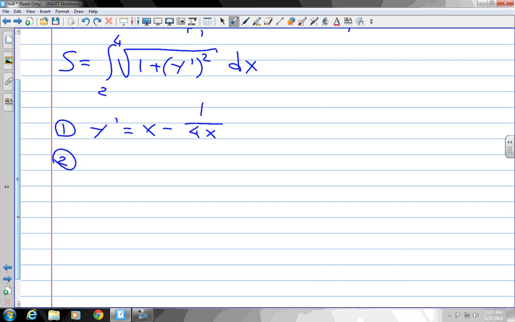Then I'll try to compute the radicand, 1 plus whatever this thing is squared. I want to simplify this because the square root will make it hard to deal with.